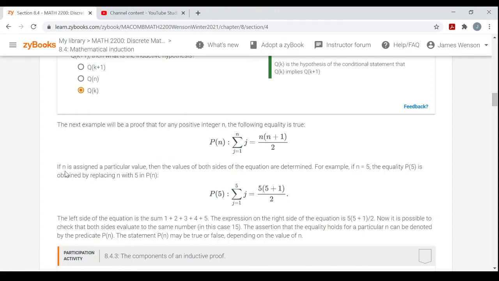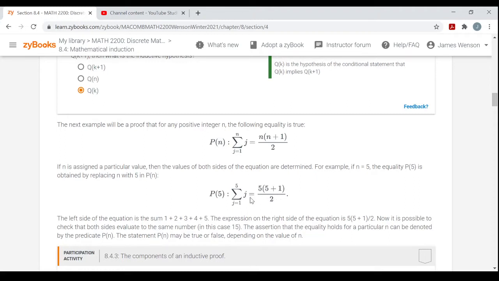So if n is assigned a particular value, then the values of both sides of the equation are determined. For example, if n is 5, then P of 5 would be the sum from j equals 1 to 5 of j, and that should be equal to 5 times 5 plus 1 over 2. That should be equal to 15.